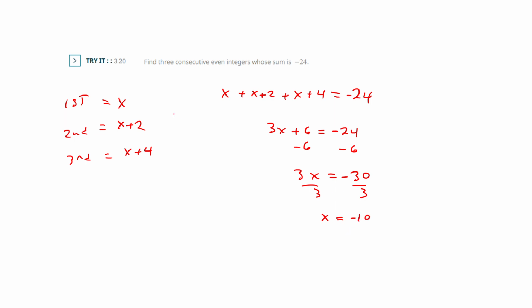Okay, so negative 10 is the first one. So here's what's going to be a little odd about this one. It's that same thing we saw earlier. So negative 10 plus 2, that's negative 8. And negative 10 plus 4 is negative 6. So my 3 consecutive even integers are negative 10, negative 8, and negative 6.